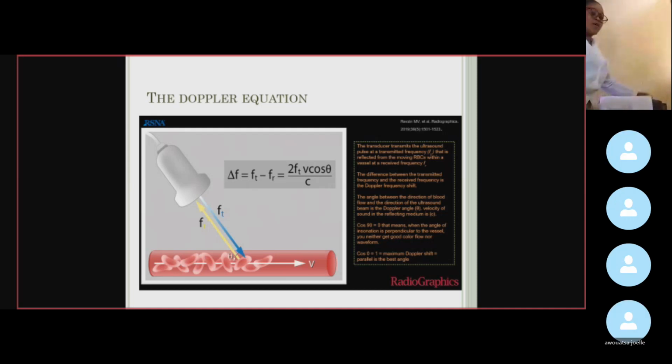Cos theta: theta is the angle between the direction of the flow and the direction of the ultrasound beam, with insonation perpendicular to the vessel. So this is the Doppler equation.